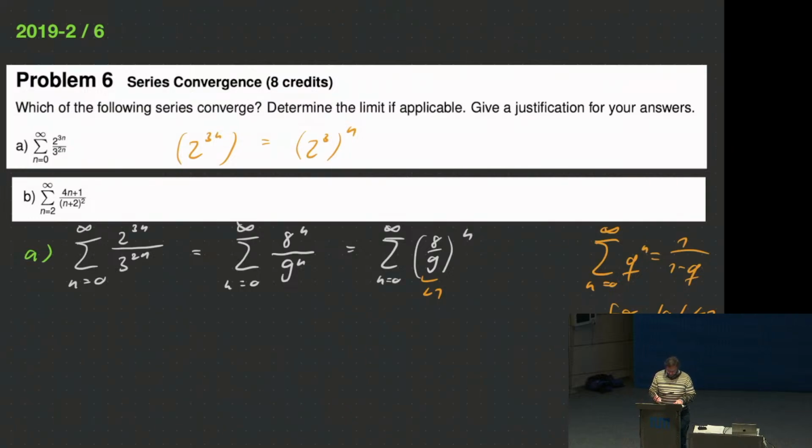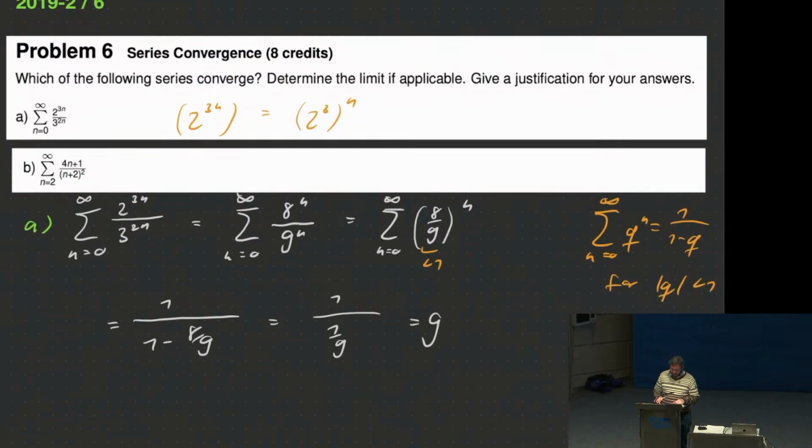So you can just apply that formula, and you get this is 1 over 1 minus 8 over 9, or 1 over 1/9, or 9. So the series does converge, and the limit is 9. Okay, any questions about this first one? Otherwise, let's take a look at the second one.